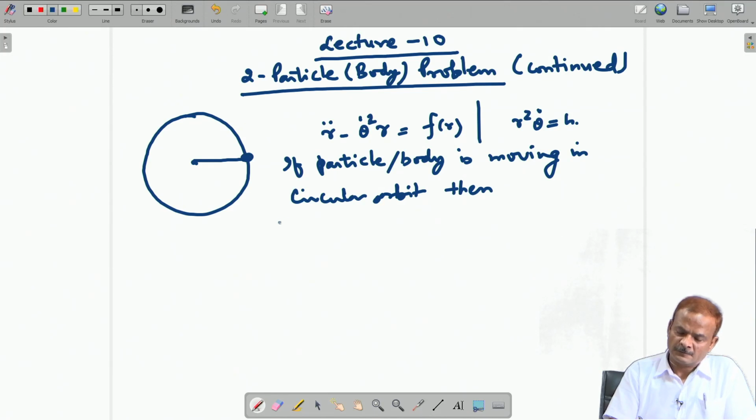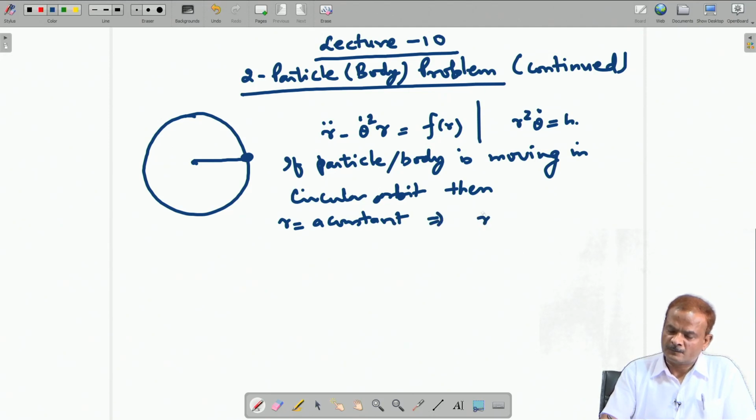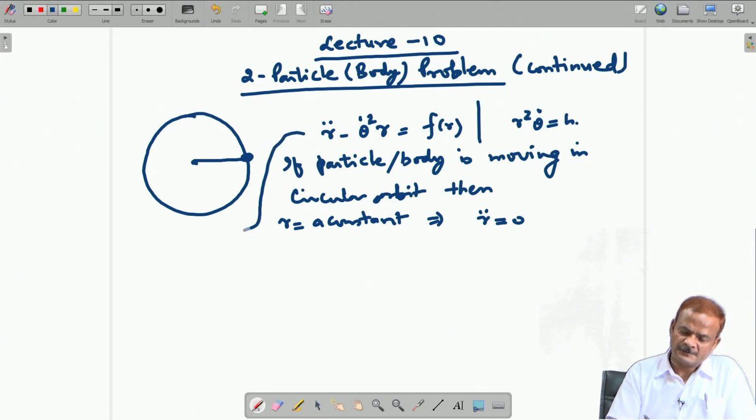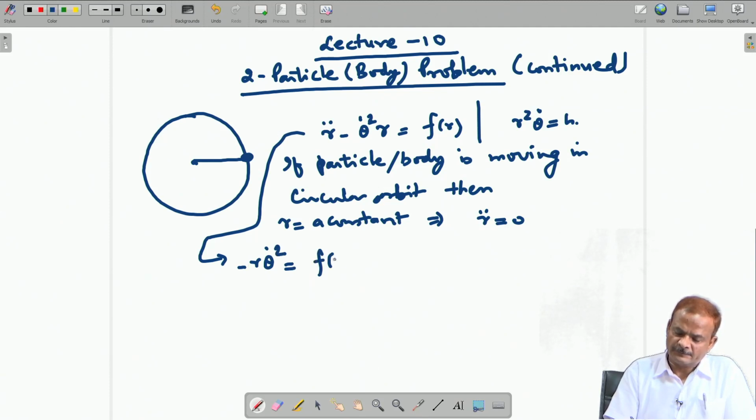If the particle is moving in a circular orbit, then r is equal to a constant, and therefore r double dot will be 0. So this equation gets reduced to minus r times theta dot square equal to f r.